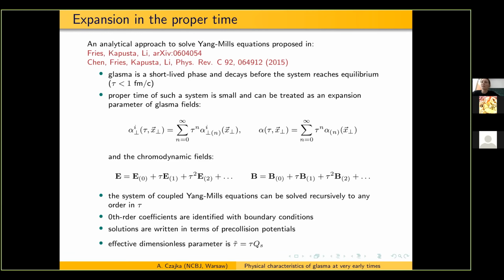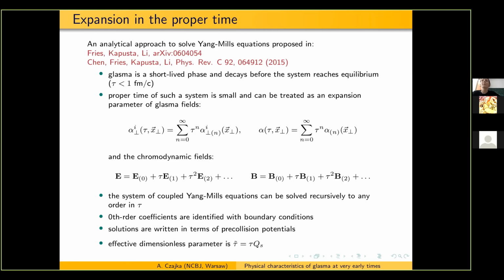In these two papers, it is proposed to expand glasma fields in proper time, as you see here. The same works for the field strength tensor or directly for chromodynamic fields. Then we still have a system of coupled Yang-Mills equations, and we can solve it recursively to any order in tau. They expanded these fields and showed solutions to order 4.